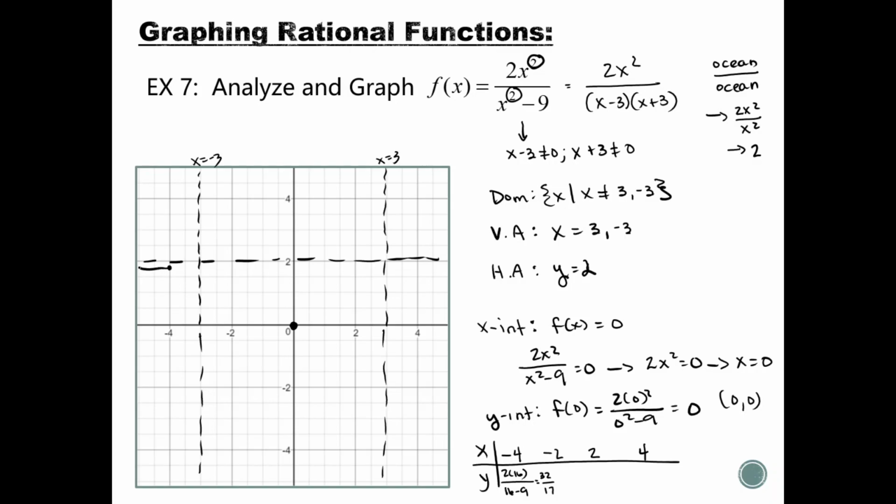That tells me that this is going to approach this asymptote here, and it's going to come down like this. Just having that one point gave me a little bit of information. Now you could get more points, like you could plug in -3.5 and -5, and you could get more detail there. Now if I plug in -2, I'm going to get 2 times 4 over 4 minus 9.